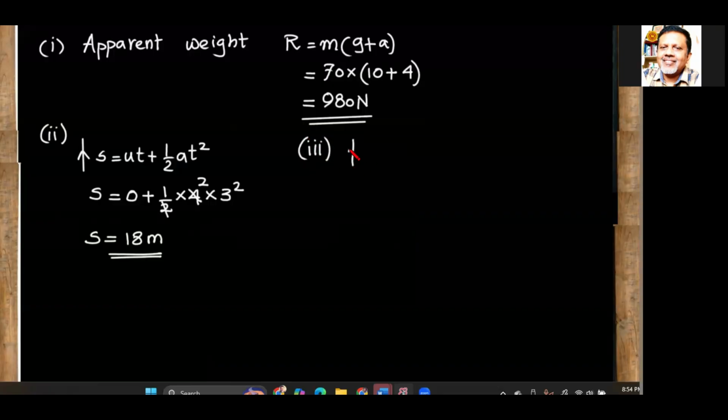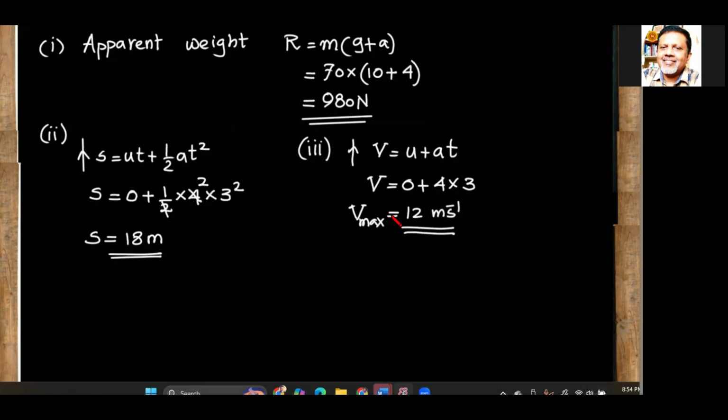So if you apply the equation v equal to u plus at, after 3 seconds, the velocity is given by v equal to u, which is 0, acceleration is 4, and time is 3 seconds, right? Then 4 into 3 is 12. So the v max should be the final velocity. V max should be 12 meter per second.